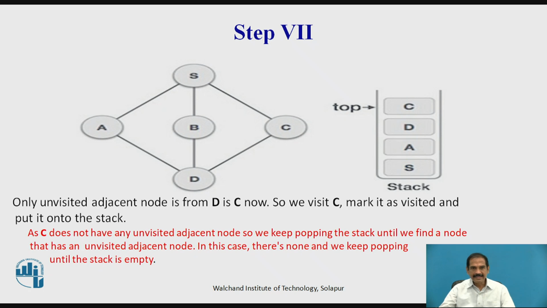As C does not have any unvisited adjacent nodes, we keep popping the stack until we find a node that has unvisited adjacent nodes. In this case, there is none, and we keep popping until the stack is empty.